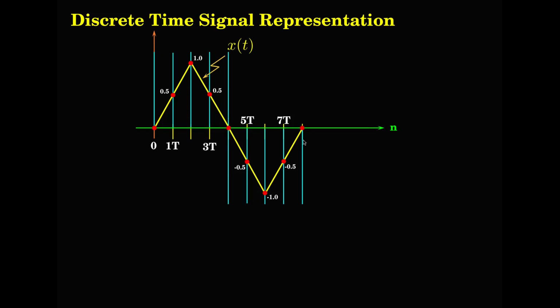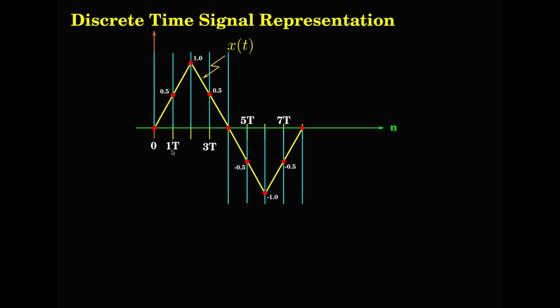So this is how it has been sampled, and these are the values. x of t equal to 1T is this, x of t equal to 2T is 1, x of t equal to 3T is 0.5, and so on.